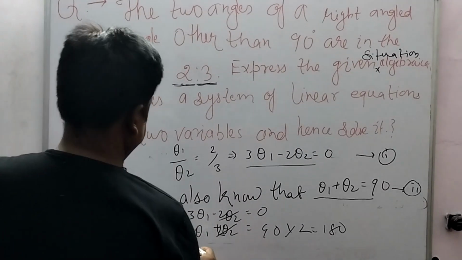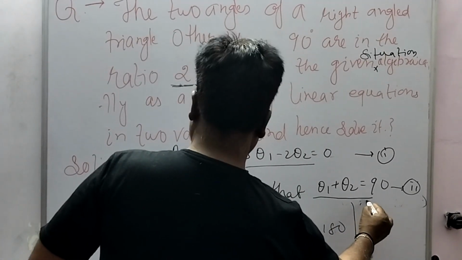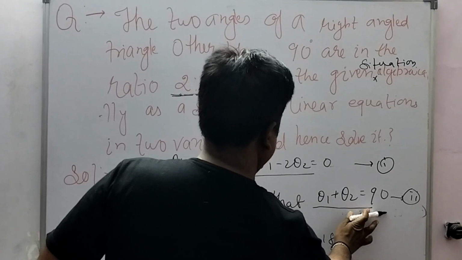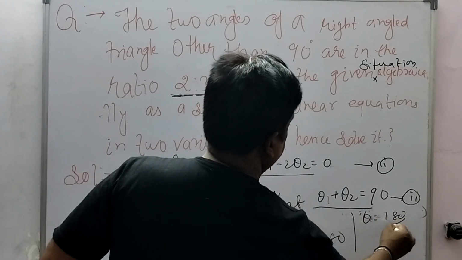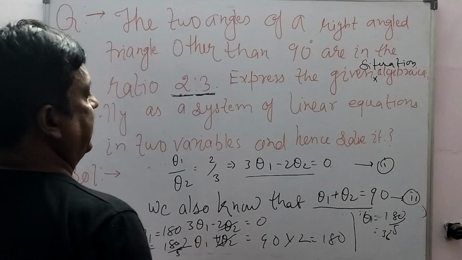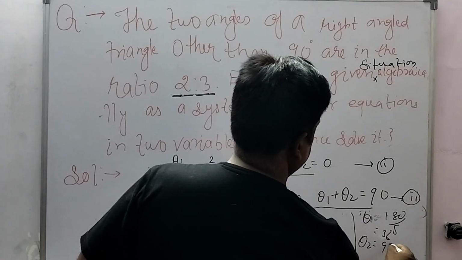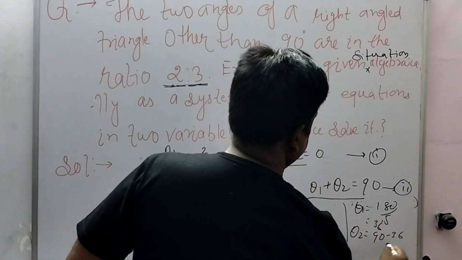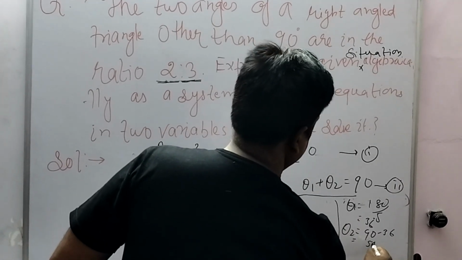What we have got lastly: theta 1 equal to 180 by 5, which means 36 degree. Then theta 2 equal to 90 minus 36, which means 54 degree.